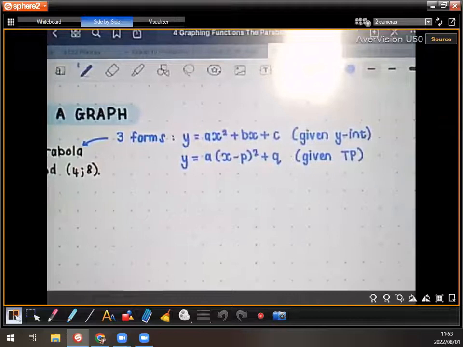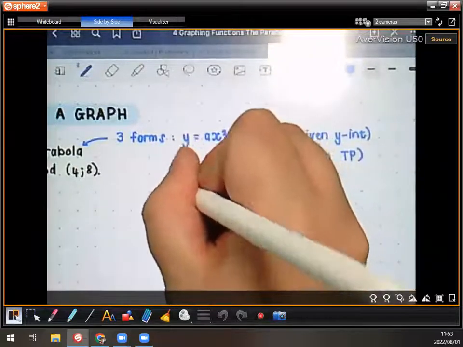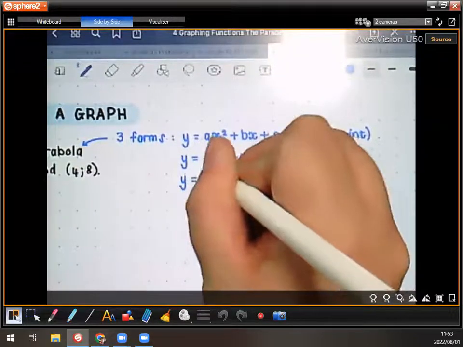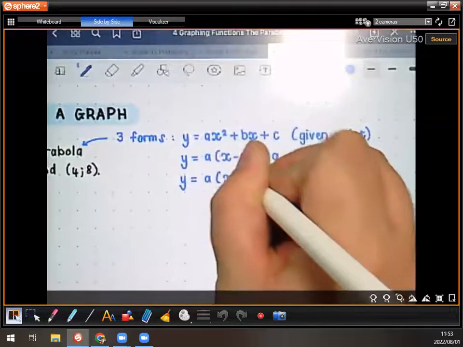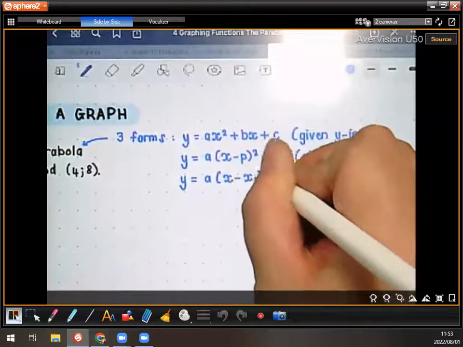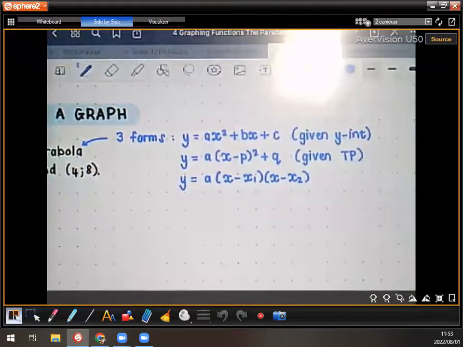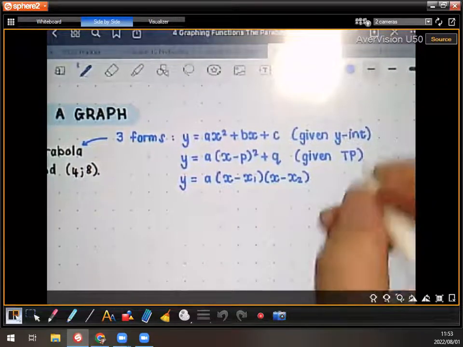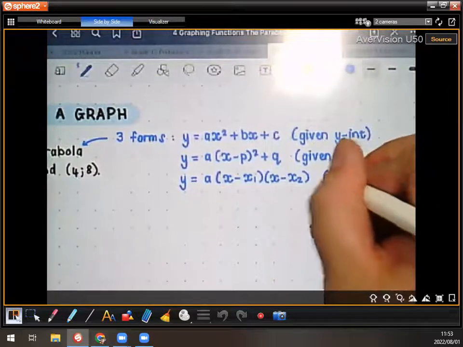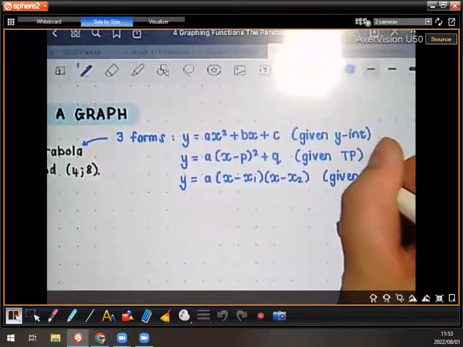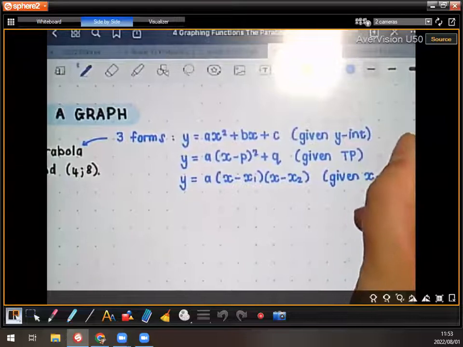And then the third form, which we don't really use all that often, but it can obviously come up, is y equals a times x minus x1, times x minus x2. What is this form called again? X-intercept form. So if they have given you the x-intercepts, then you're going to use this form.